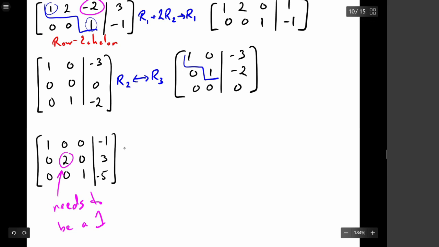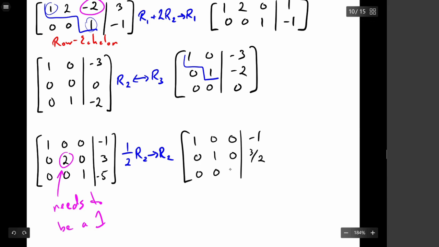And how do we fix that? Well, we just take 1/2 of row 2, replace row 2 with it. Get 1, 0, 0, 1, 0, 1, 0, 3 halves, 0, 0, 1, 5. And there we go. And again, the leading ones form this staircase pattern.